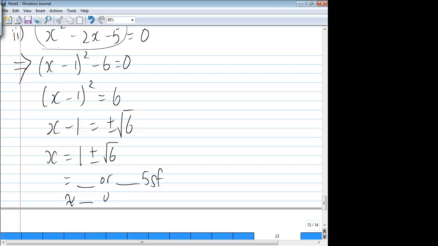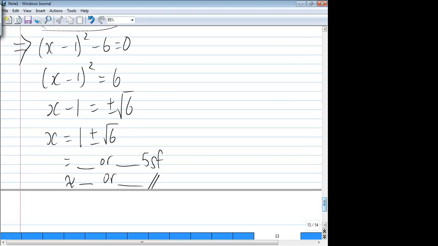So round it off to something or something. Okay, at this step, you should be able to do it yourself already. Your answer should be in 3SF.